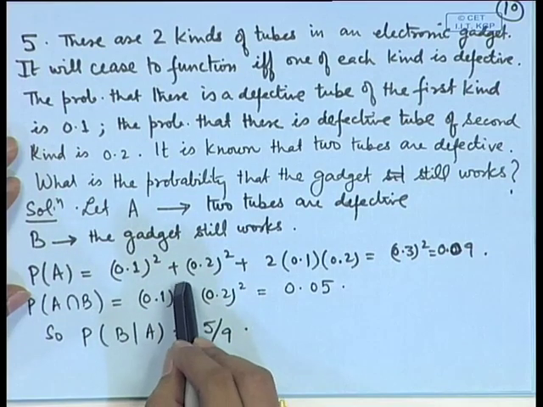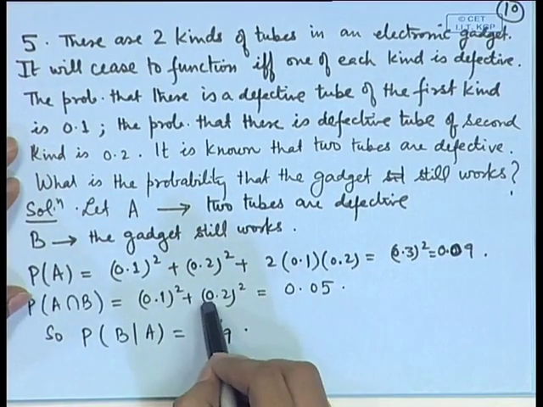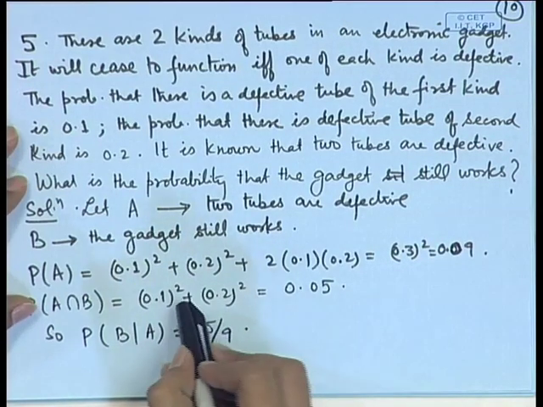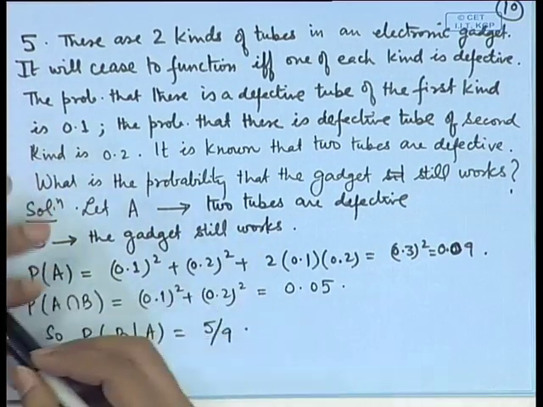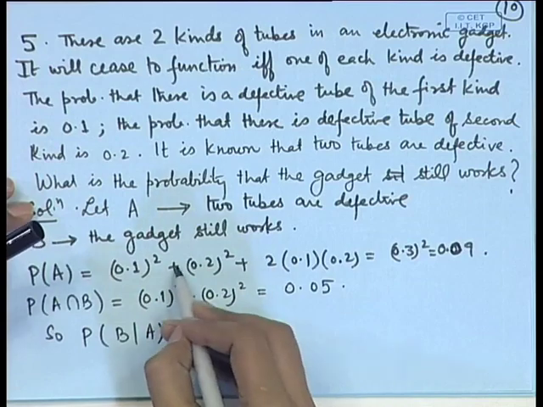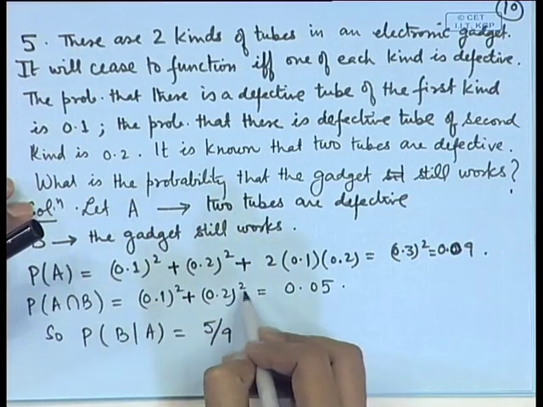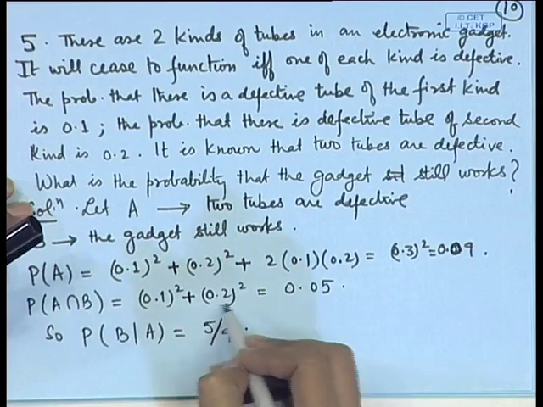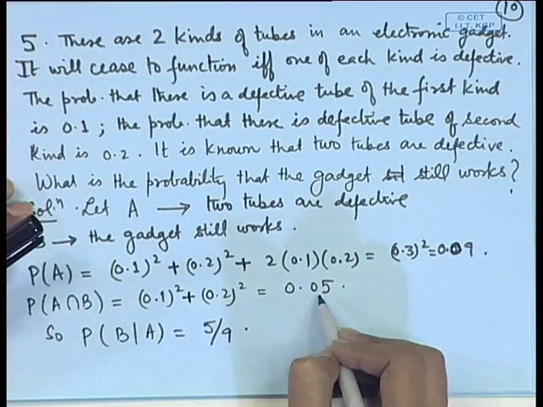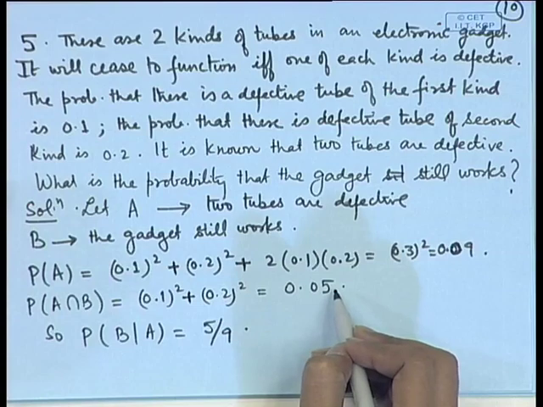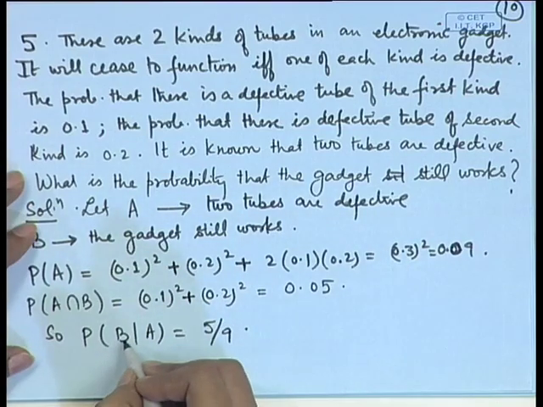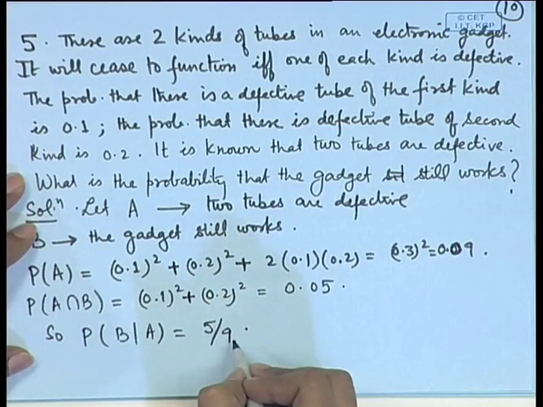Therefore, both defects are either of the first kind or both are of the second kind. So, here we have made use of the fact that probability of union is equal to the sum of the probabilities of disjoint events, and we have made use of the concept of independence. So, after simplification, this turns out to be 0.05, and therefore, the conditional probability of B given A is equal to 5 by 9.